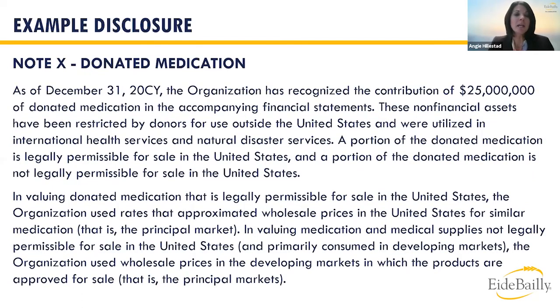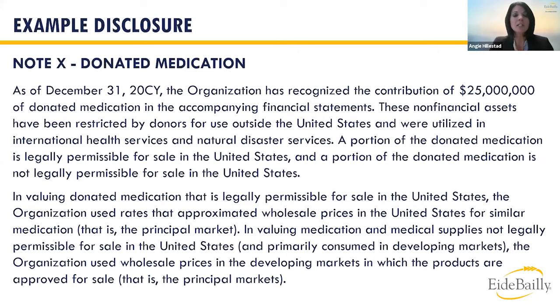Okay, we have another example here on donated medication. This example highlights when you would potentially make a disclosure about the principal and most advantageous market. In this particular scenario, our organization received a contribution of $25 million of donated medication, but the medication could only be used outside the US.